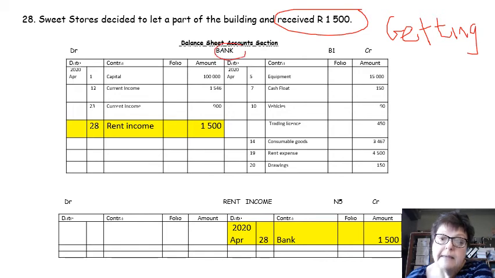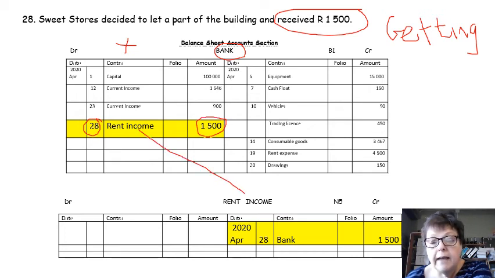Bank being an asset increases on the debit side, decreases on the credit side. On the 28th, we are receiving 1,500. Why? For rent. We know that rent we receive is called rent income. So in contra, you need to write rent income. As soon as you write in contra, then you know what is the name of the other account concerned.